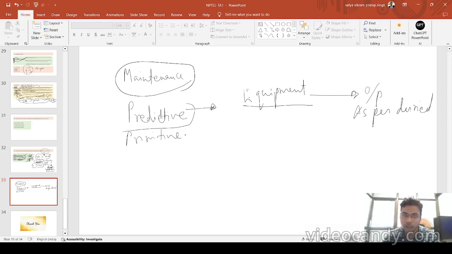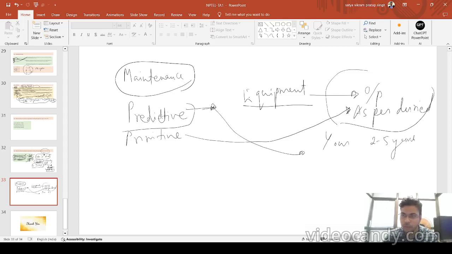That means you are doing preventive maintenance of that system. What do you mean by predictive? Predictive means you are predicting that your equipment will fail in the coming 2 to 5 years. So you need predictive maintenance of that system.